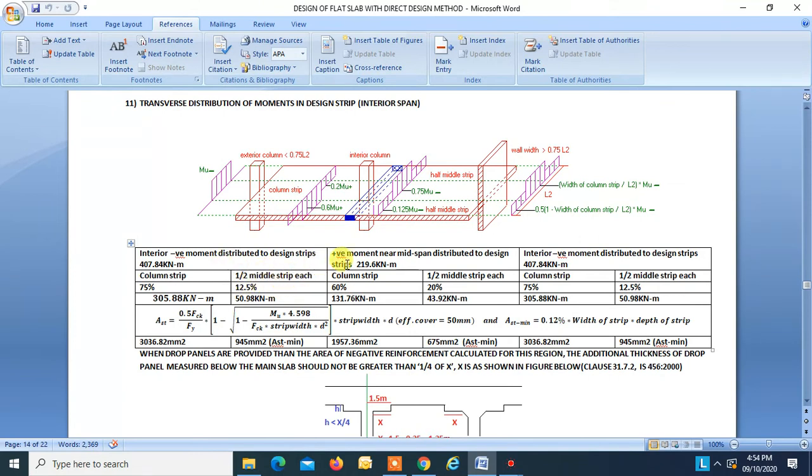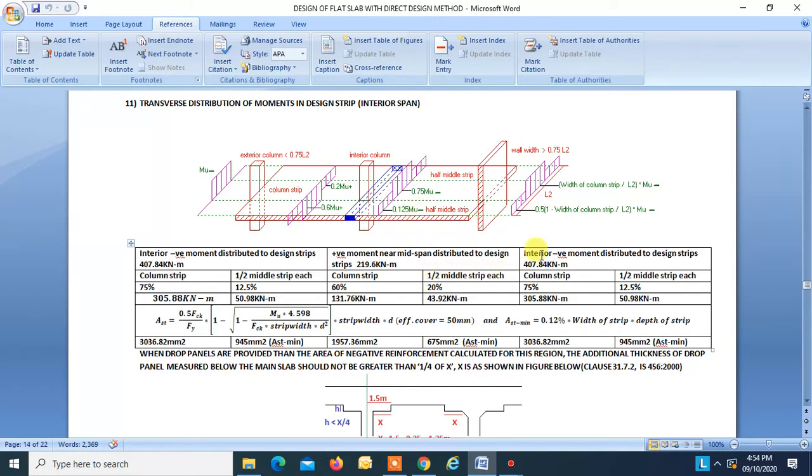Positive moment near end span distributed to design strip. That moment is 219.6, and 60% of this moment will be transferred to the column strip, and the other 20% and 20% to the half middle strips each.